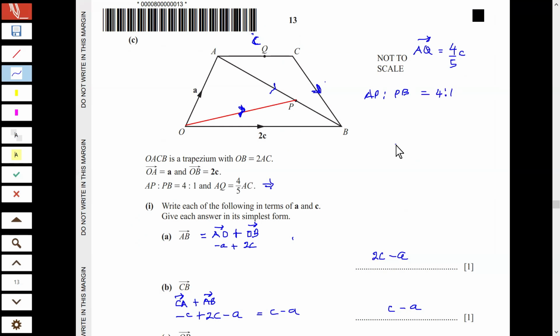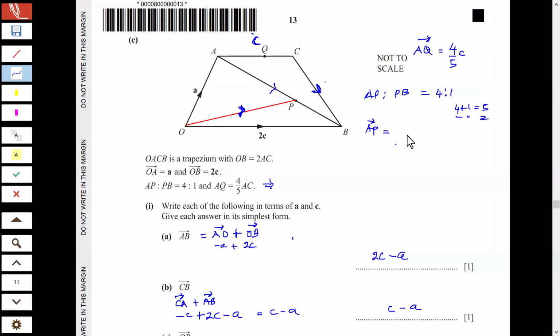Now, the total ratio here, 4 plus 1, is equal to 5. If the total ratio is 5, then we need to find what vector AP actually is.